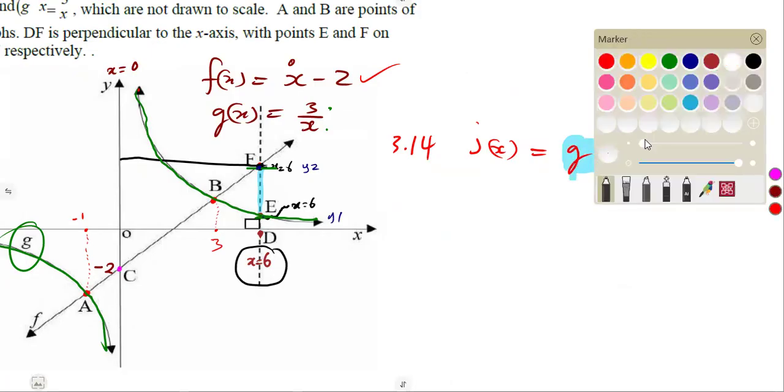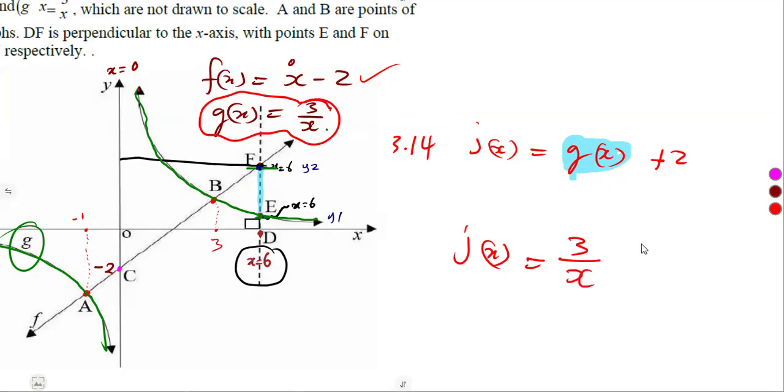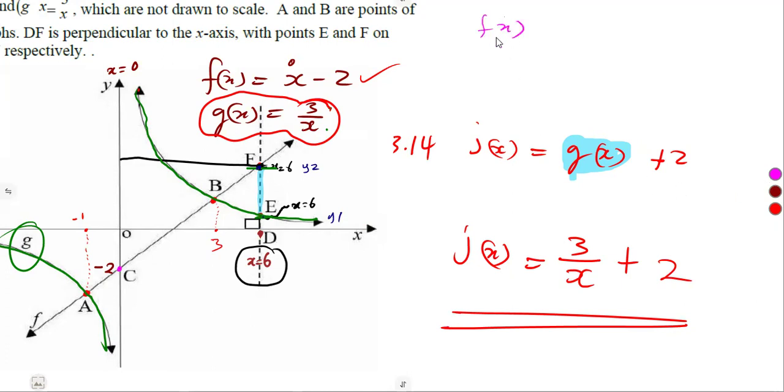So what is it from the information that we are given? What is our Gx? Our Gx is given here as what? 3 over x. So you substitute it as it is: 3 over x plus 2. This is what they want you to have. Just like that. So if they said maybe it's f of x plus 2, how are you going to write it?